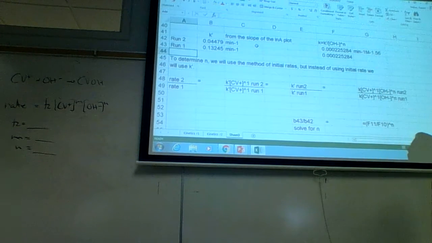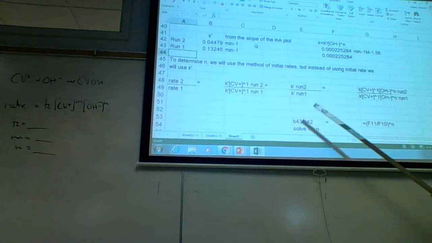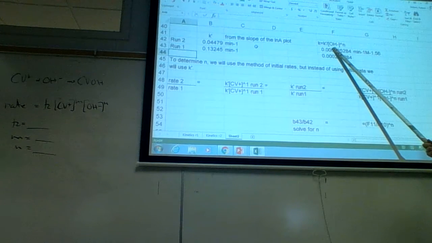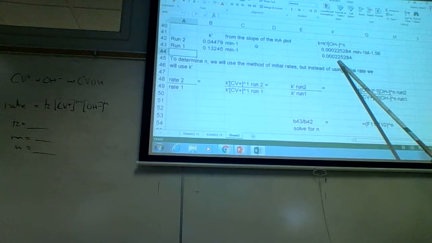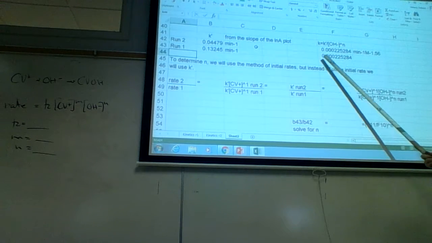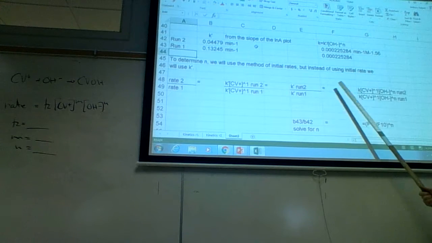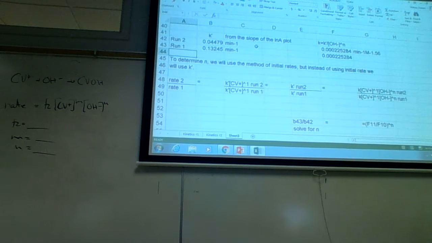So let's figure out the order. We can get the k from there by solving this equation, and the k for these are the same. The k primes are different because of the different amounts of hydroxide. And then we'll solve for the n using this math here.